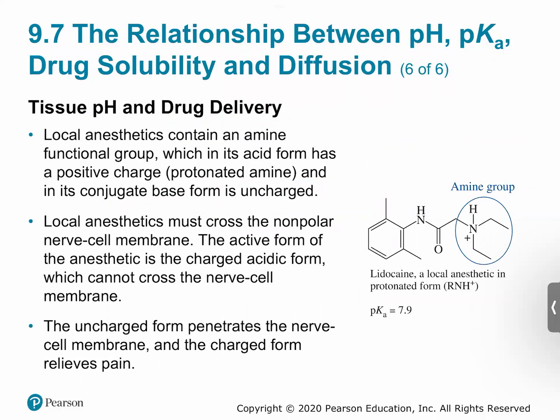So in applicability, you have to think of the concepts of pH with drug delivery, right? So that's no surprise. Local anesthetics, those that are given sort of to just numb an area close to the site of injection, contain an amine functional group.